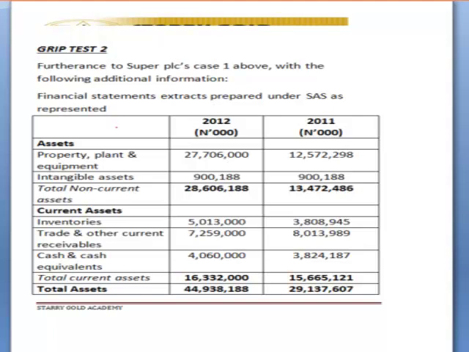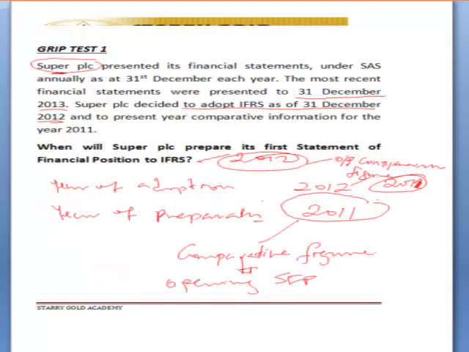Furtherance to Super PLC's case 1 above with the following additional information. Now, from our application of the first group test, which is identifying the period in which the reporting entity is able to adopt IFRS, we were able to establish that the first IFRS statement that this entity is going to present is 2012. However, it has to present a comparative figure for 2011.